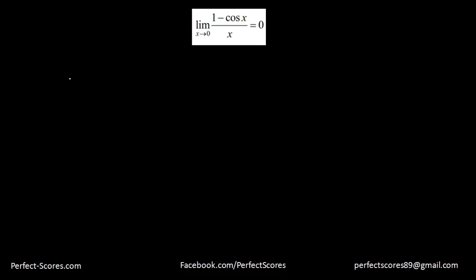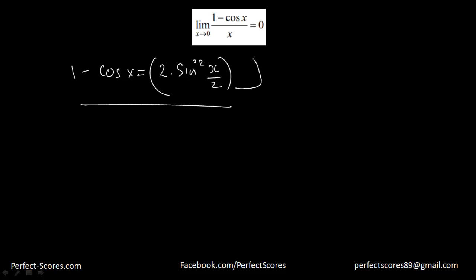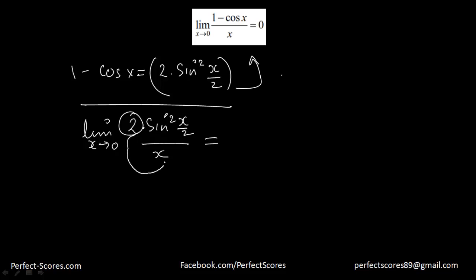Now, as you recall from the trigonometric functions, 1 minus cosine of x is equal to 2 sine square x by 2. Substituting this into this limit, that is limit x tends to 0 of 2 sine square x by 2 over x. Now I can bring this down here.